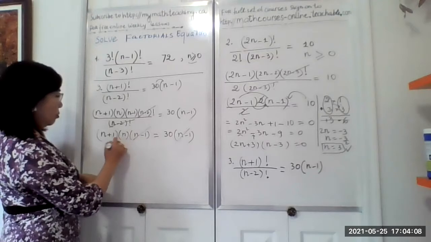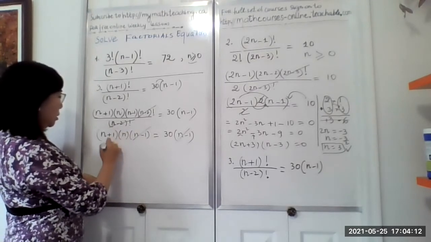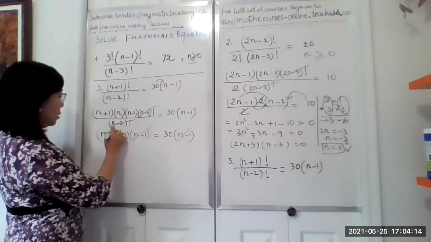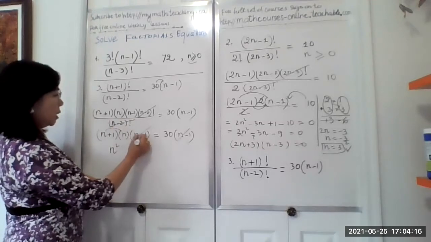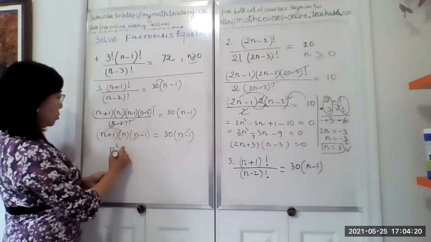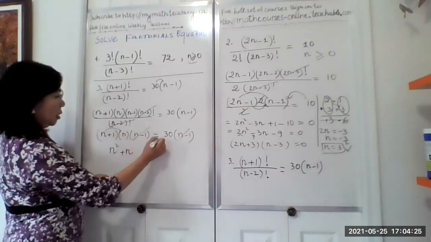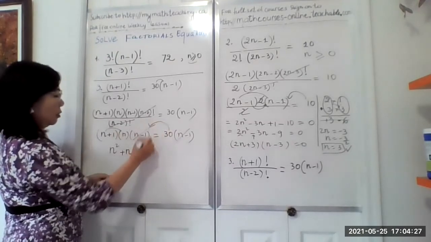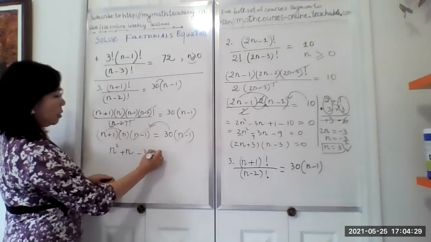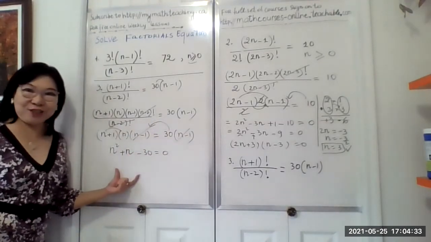So now I will multiply this through, which gives n squared. This is canceled already, so I'm left with n times (n plus 1), which is n squared plus n. And I'm going to move this over, minus 30 becomes 0. So this is the form of a quadratic equation.